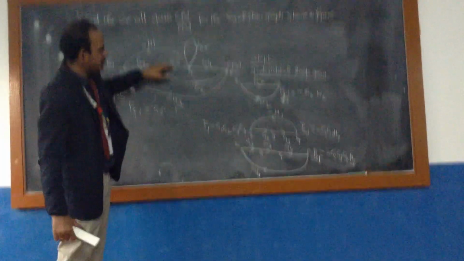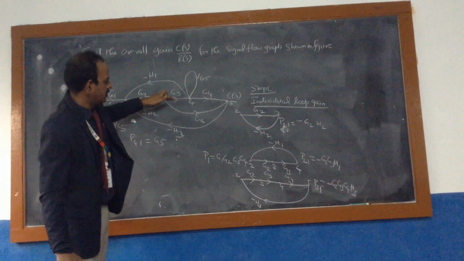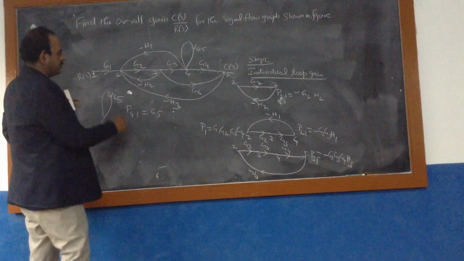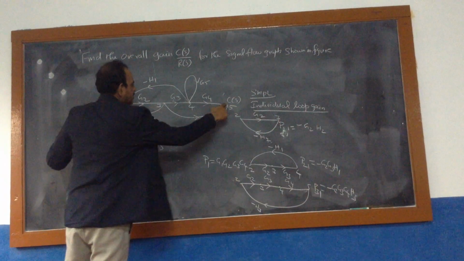You can see another closed path, what are the others? G2, G3, G5, G3, G4 you can form. We have to see what are the possibilities. You can see here G2, another G6 you can form.